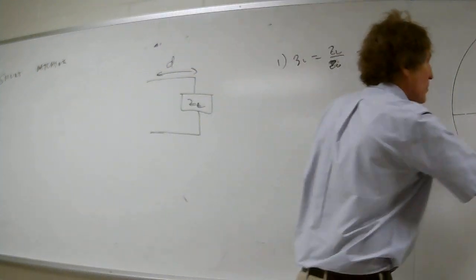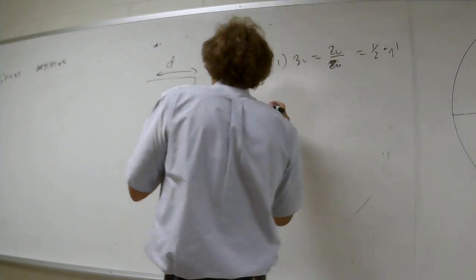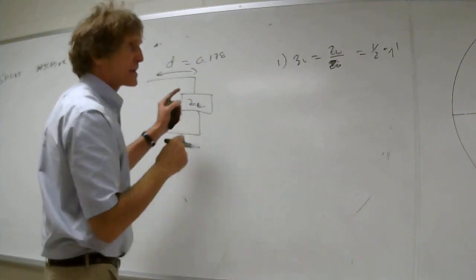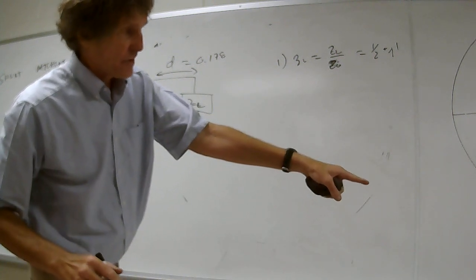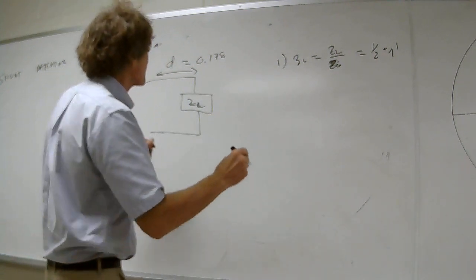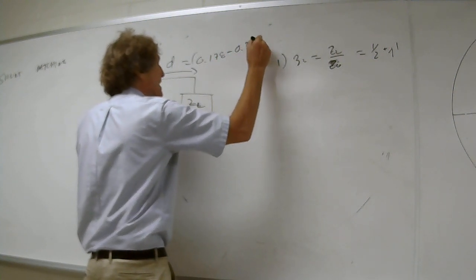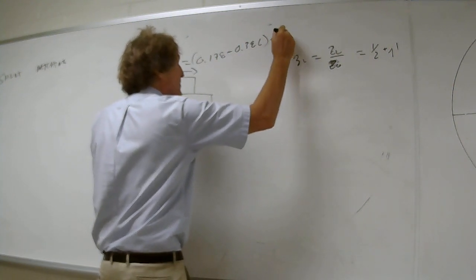If we move to this point right here, this distance is going to be 0.178, right? That's where we ended up, minus 0.386, but we have to add 0.5.